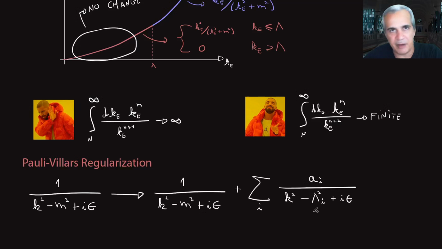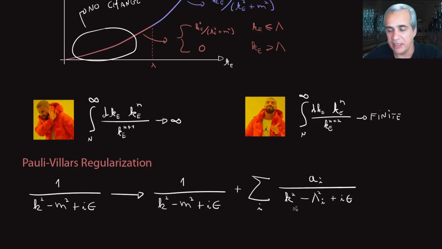And lambda is very high above that. That's where I'm parameterizing my ignorance, right? But k can be bigger compared to both. In that case, if these a_i are negative, there can be a cancellation here, and the integrand goes to 0. That's what I want, right? That will regularize my theory.